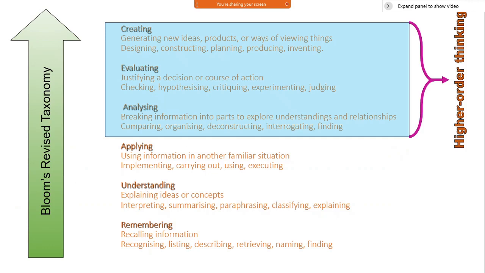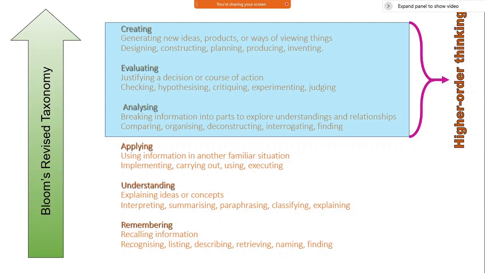So these are the six Bloom's taxonomy levels: remembering, understanding, applying. These are the basic Bloom's taxonomy levels, and analyzing, evaluating and creating are called higher order thinking skills.